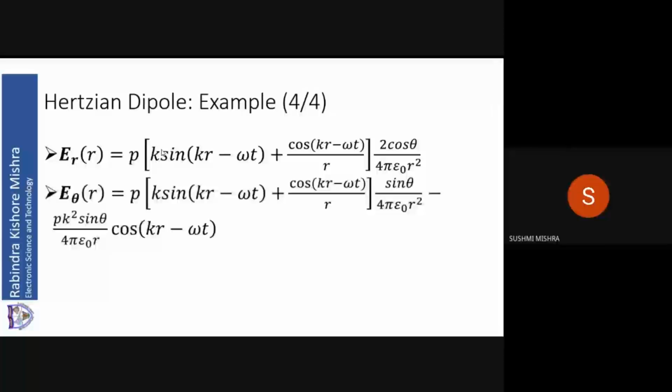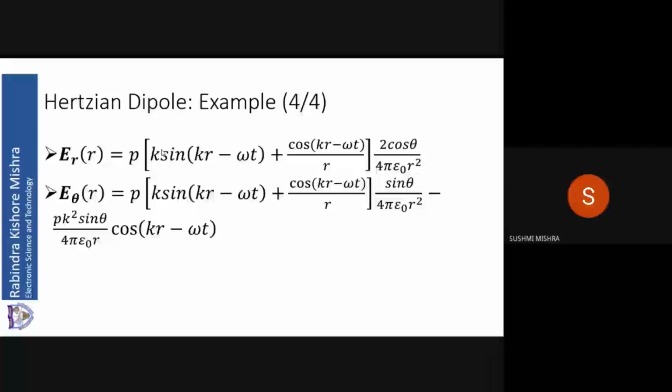Similarly, we will find out E theta is equal to P into K sin(KR minus omega t) plus cos(KR minus omega t) upon R. So that bracketed part remains unchanged. Then sin theta divided by 4 pi epsilon 0 R square. Then we have an additional term, that is minus pK square sin theta upon 4 pi epsilon 0 R into cos(KR minus omega t).